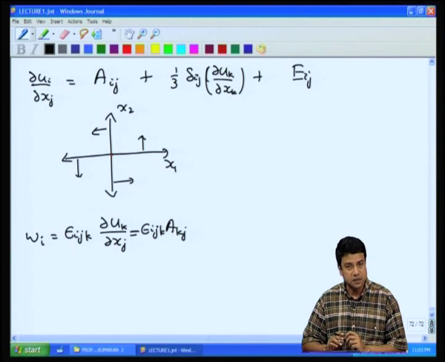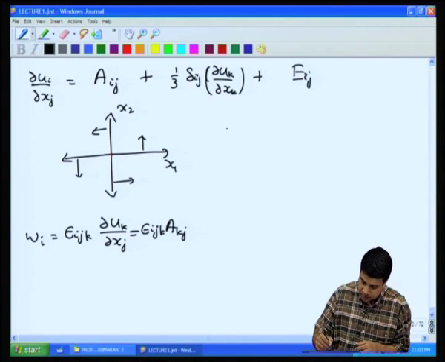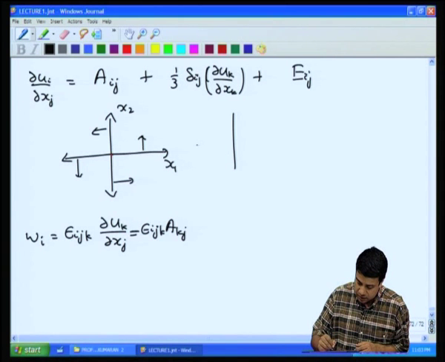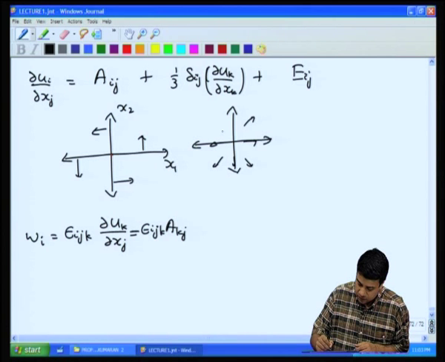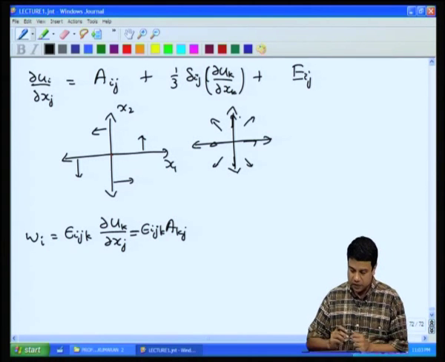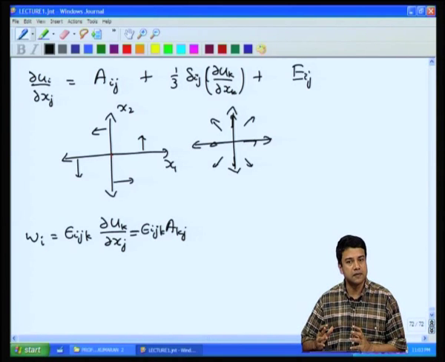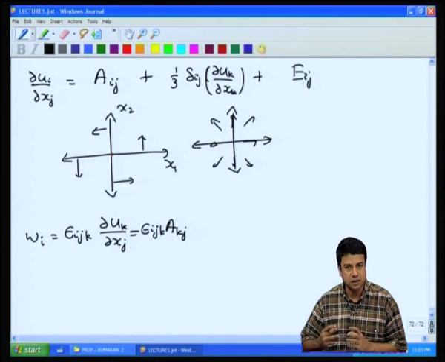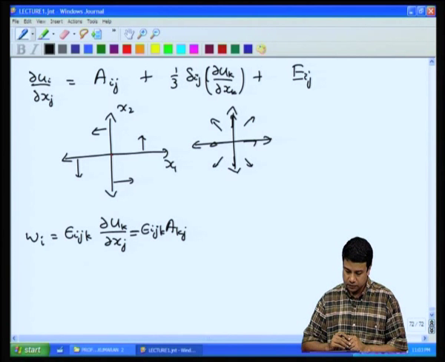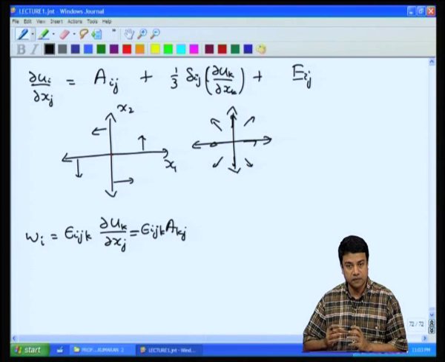The second part was the symmetric traceless part, okay, and that, I am sorry, the isotropic part, and that, as I showed you, corresponds to radially outward or inward flow. Okay. If the divergence of the velocity is positive, that means that the flow is radially outward. If the divergence of velocity is negative, the flow is radially inward. And this divergence of velocity is non-zero only if you have a source of fluid.